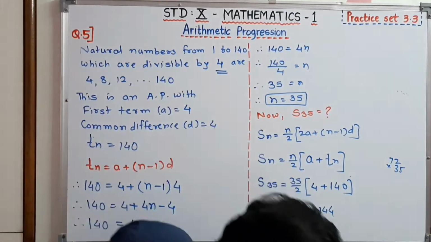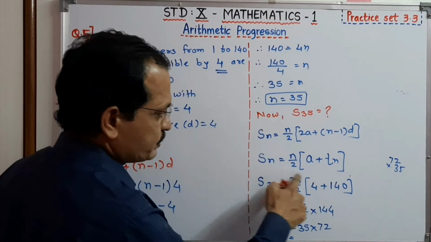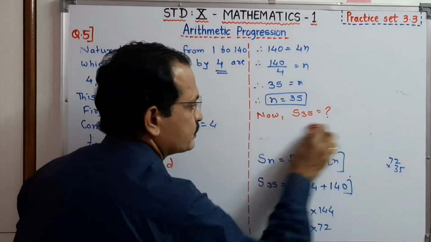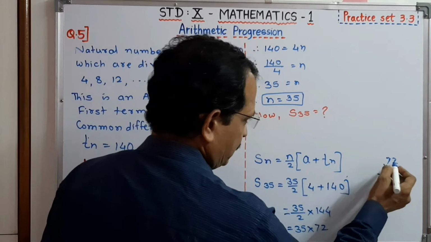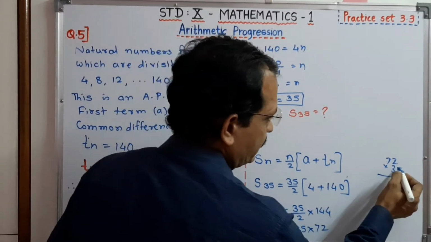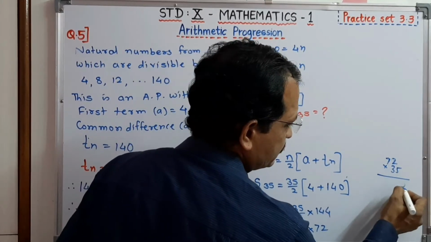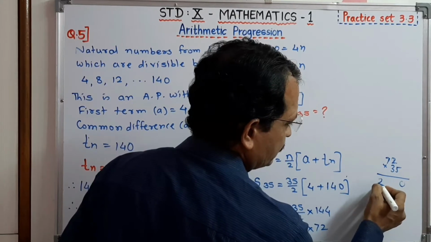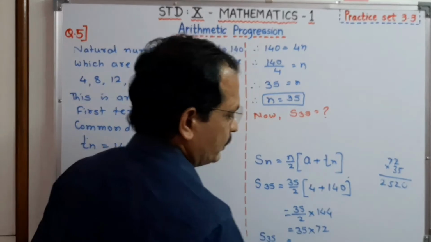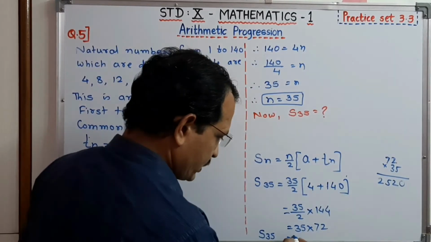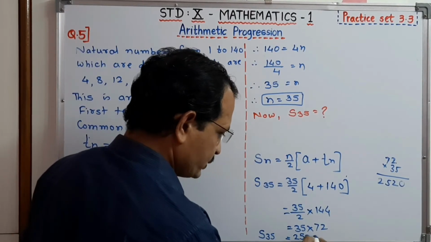Yes students, we use this formula, therefore no need to write the other formula. 72 into 35, it is 2520, therefore 2520.